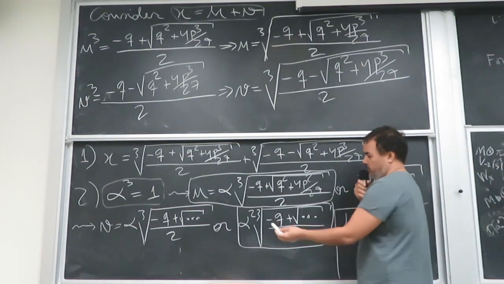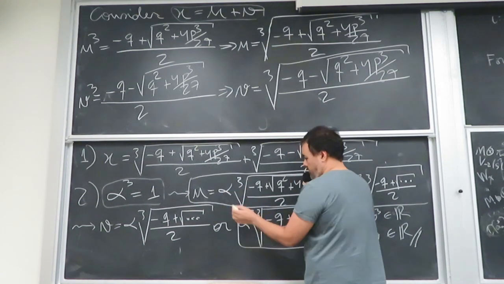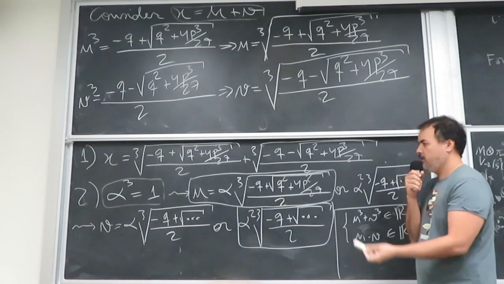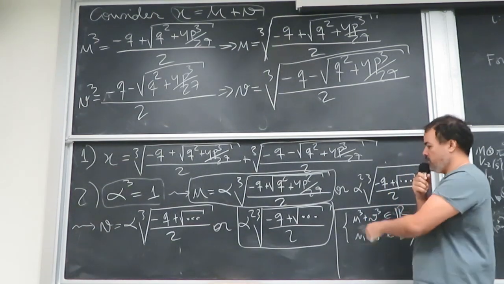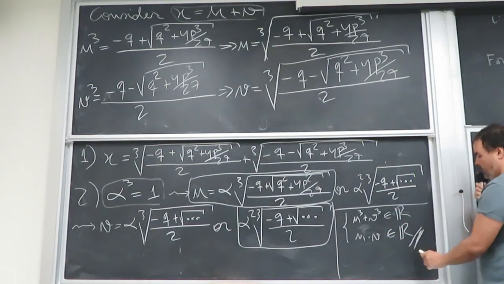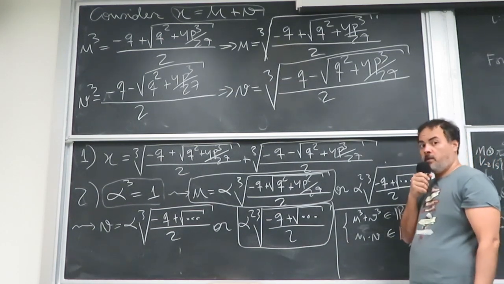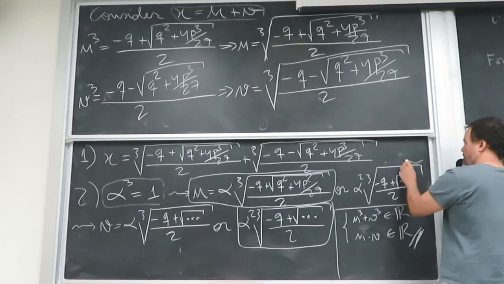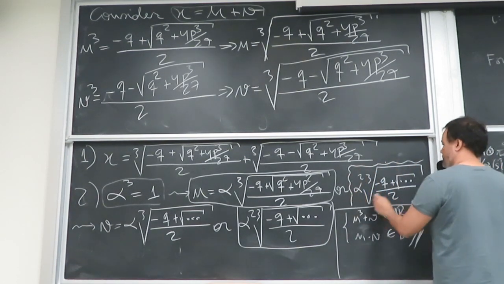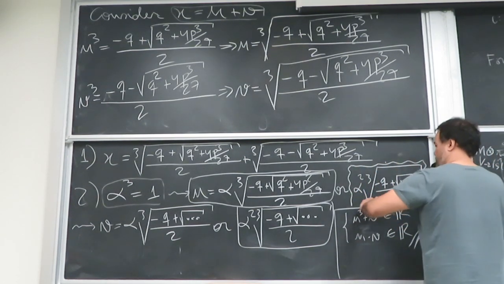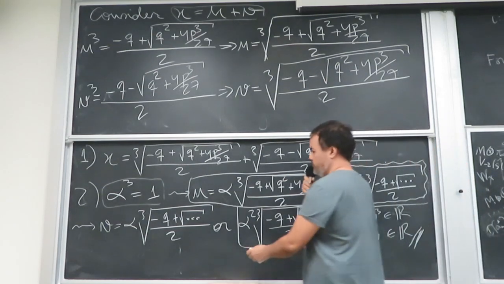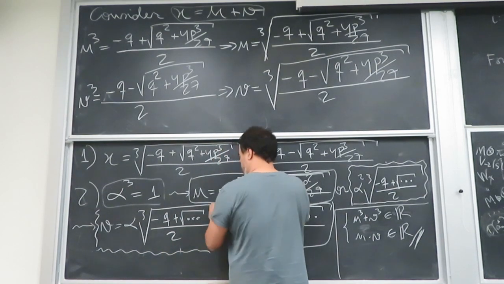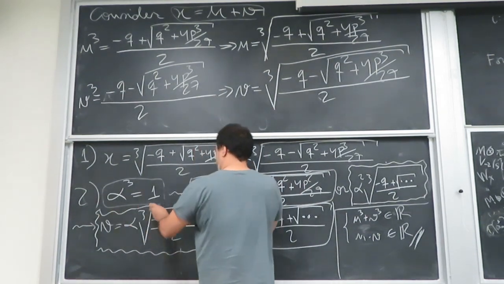So you have one alpha here and alpha squared here, and when you have the product, for sure it is in R, right? And analogously, if you have this to be u, then you have to choose this first option of v for the same reason.